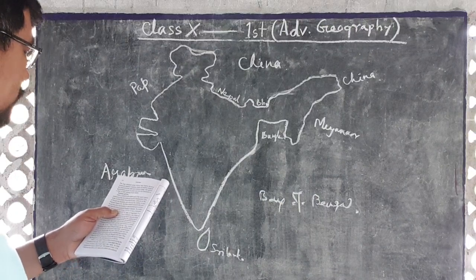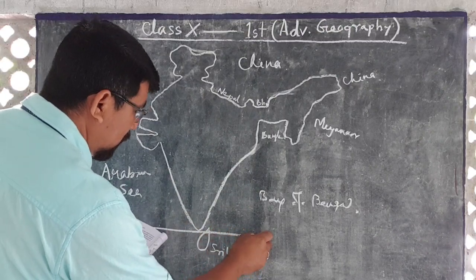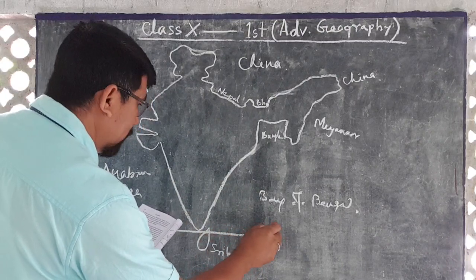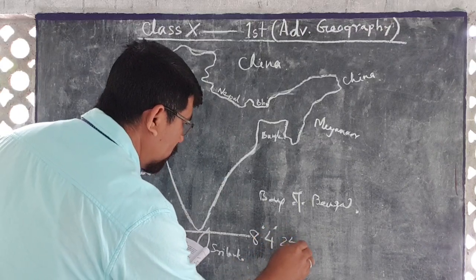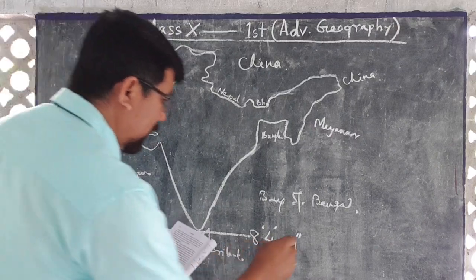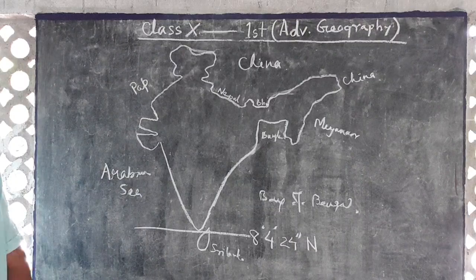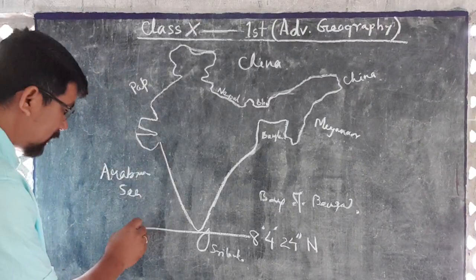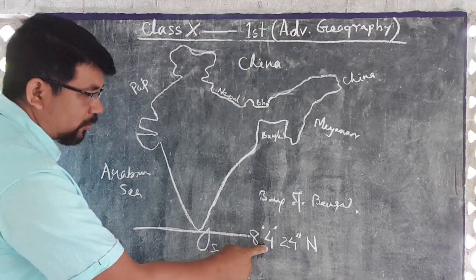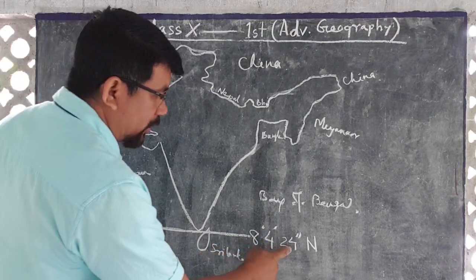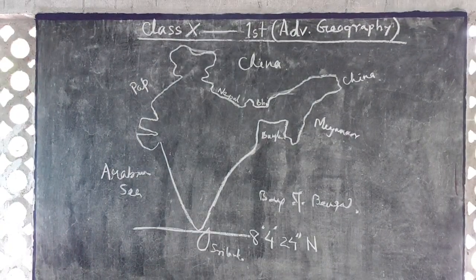The line of latitude starts from 8 degree 4 minute 24 second north latitude.